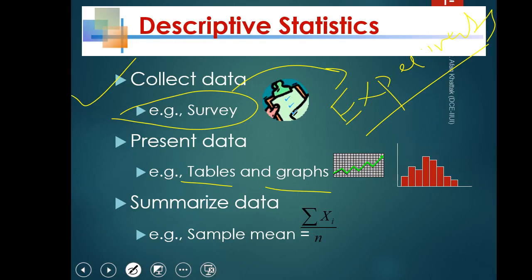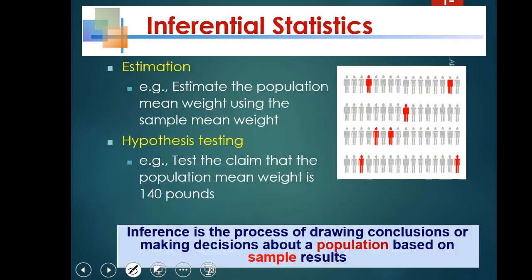Then we summarize it. For example, if we have data of the height of people, we can take the average height by summing up all the heights and dividing by the total sample size. Sample size is the total number of samples which you have collected.